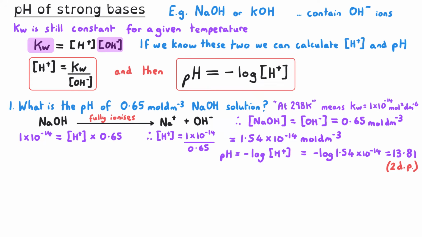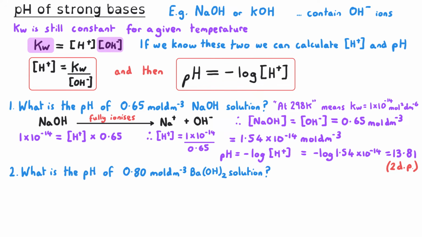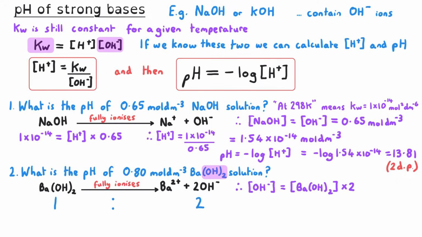And this works the same even if we've got a base that has 2 hydroxide ions present. For instance, what is the pH of a 0.8 moles per decimeter cubed concentration of barium hydroxide? So first of all, we need to again recognise that it's a strong base, so this will fully ionize, but this time for every 1 mole of barium hydroxide, there will be 2 moles of hydroxide, which means that the hydroxide ion concentration will be 1.6.